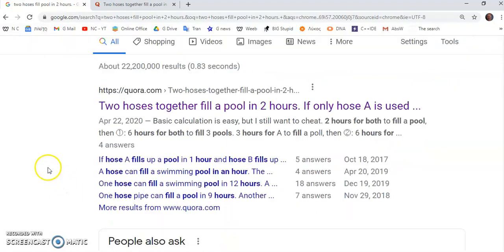One of the problems that regularly comes up in algebra is one that involves filling pools in a number of hours and finding out how much time it would take one hose to fill the pool when two hoses take so much time.